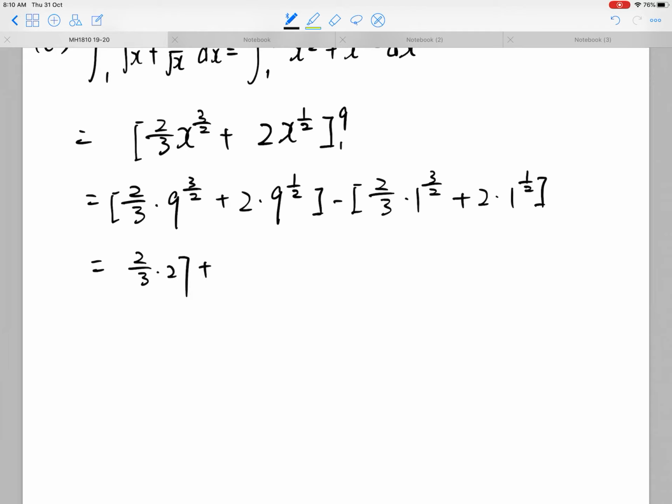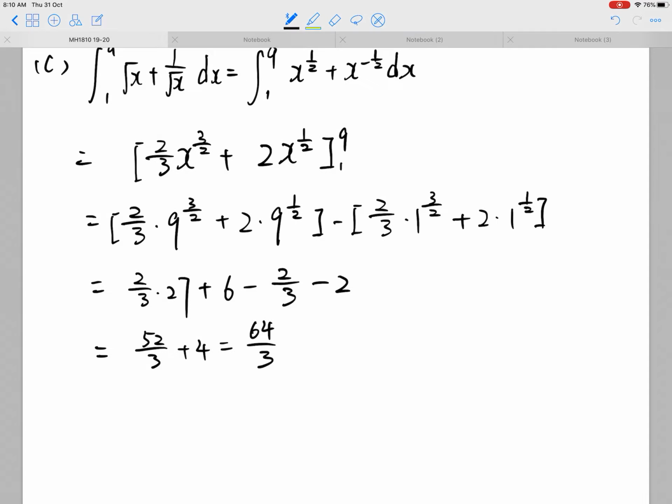This part is 2 times 3, which is 6, minus 2 over 3 minus 2. Okay. So it is 52 over 3 plus 4. Alright, it's 64 over 3. Okay.